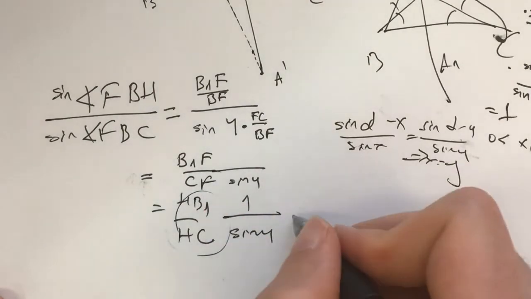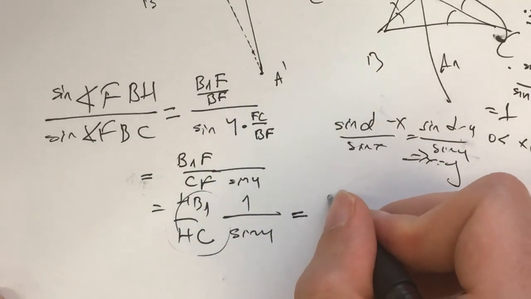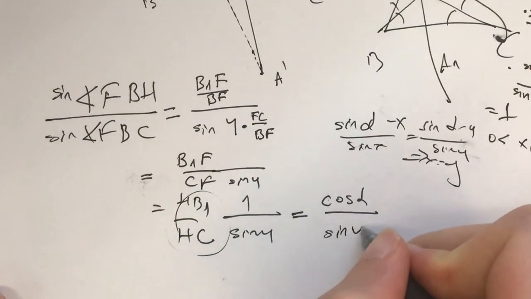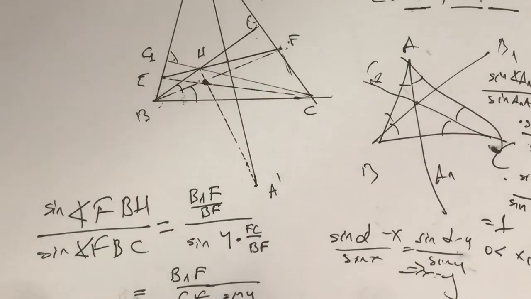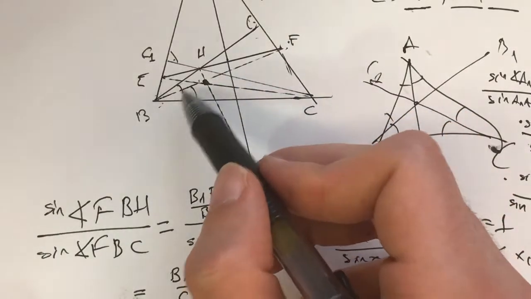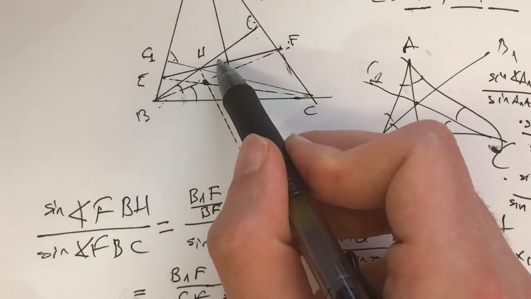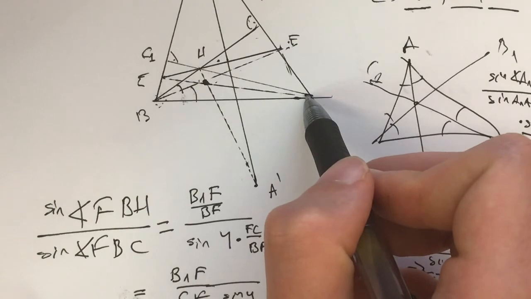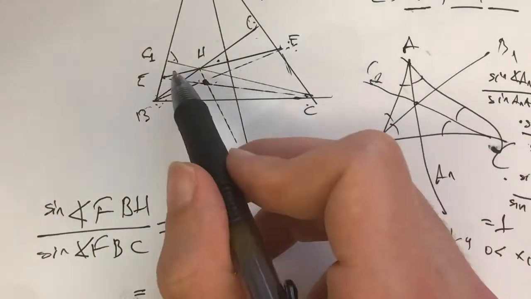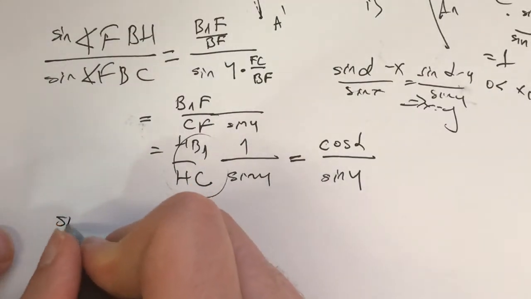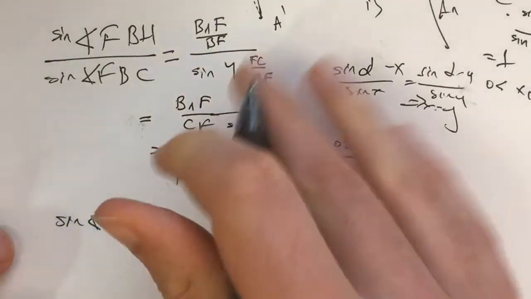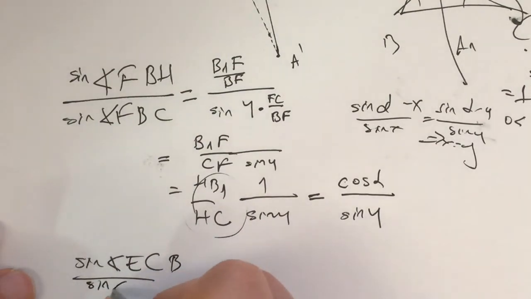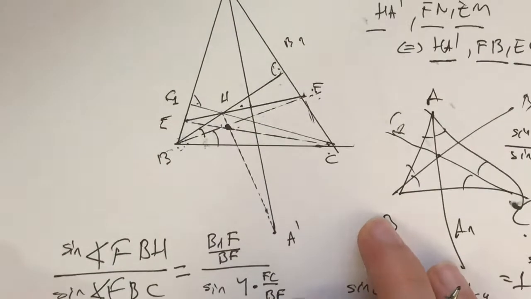And what is this equal to? Well, we know this is equal to the cosine of alpha. So what we have is cosine of alpha over sine of gamma. That's this thing. So then we have FBH over FBC, and similarly we will have the sine of the angle ECB over the sine of the angle ECH.